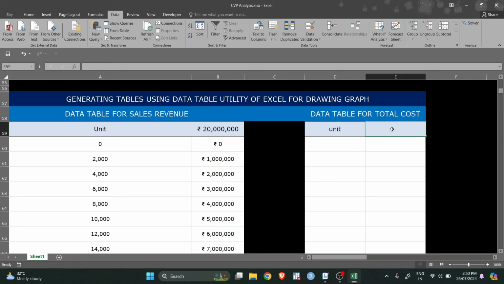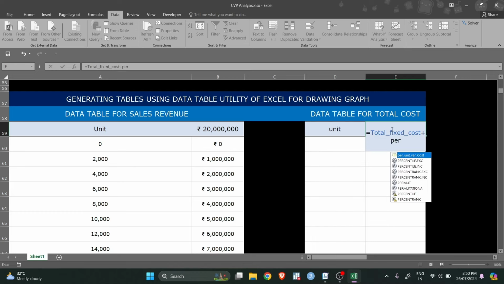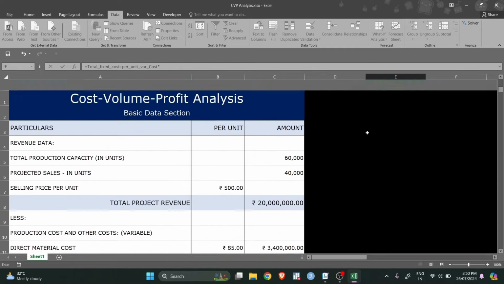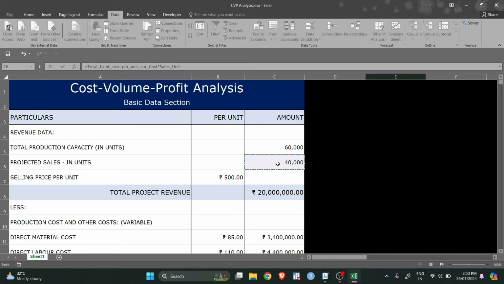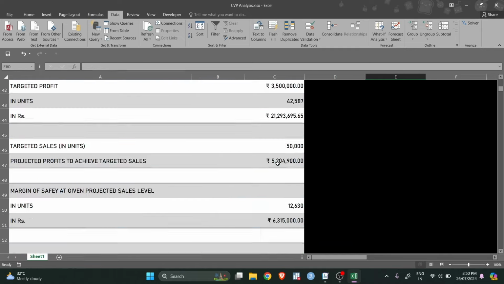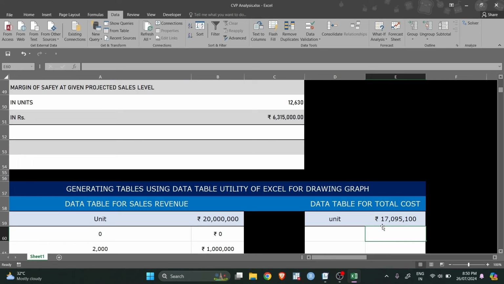This is my total cost, which comprises total fixed cost plus per unit variable cost, so that I can see changes with respect to quantity, multiplied by how many units? Unit was this, right? So this is the total cost.